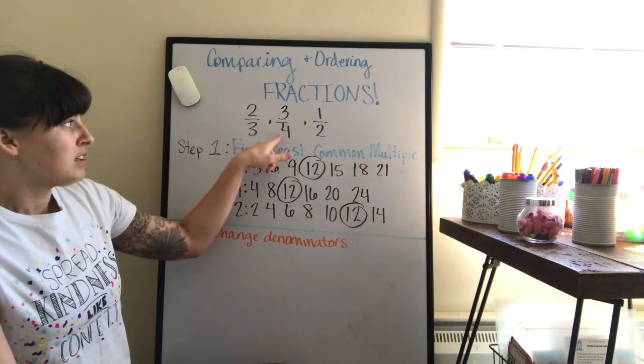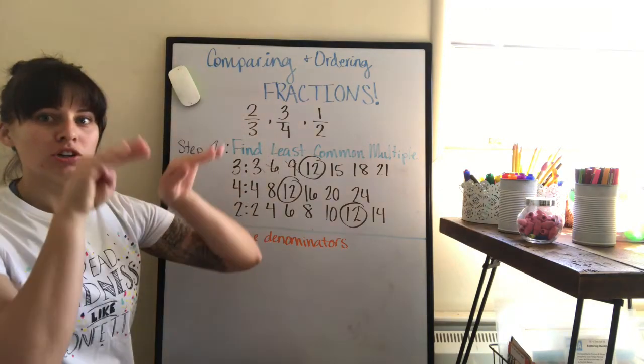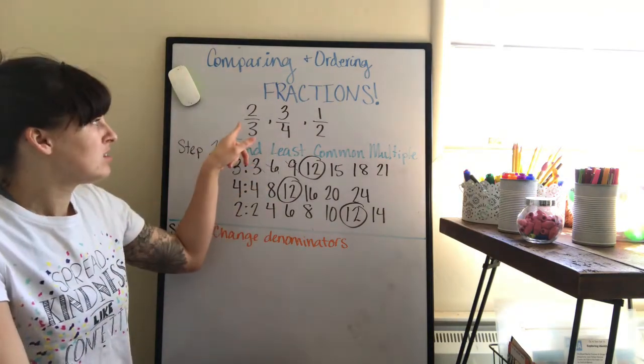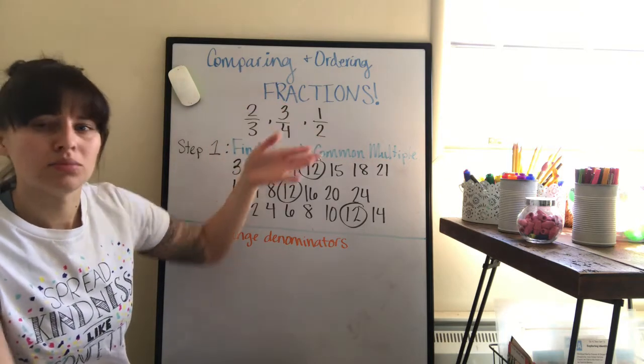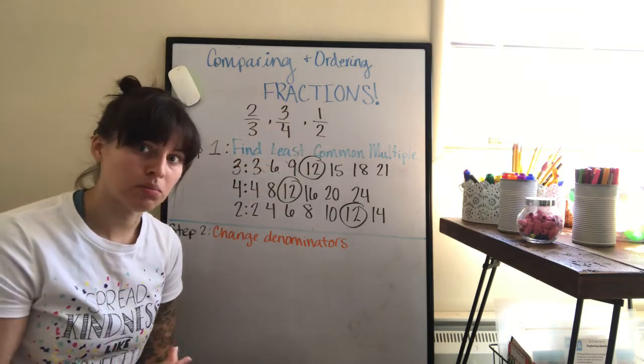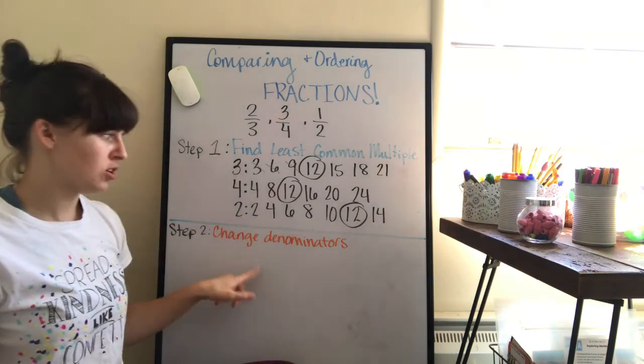If you have fraction tiles, it's really easy to look at your fraction tiles or look at your paper or whatever you're using, and you can see which one's bigger, 2/3, 3/4, or 1/2. But as the numbers get bigger and they're not on our fraction strips anymore, you're going to have to know how to do this.